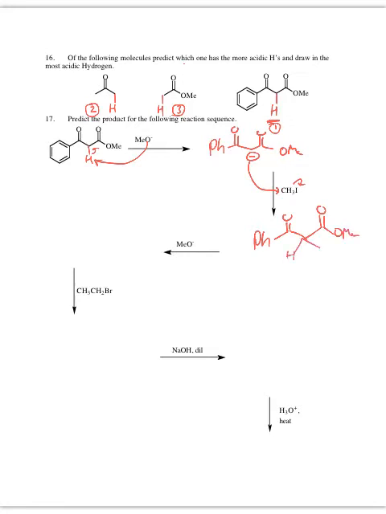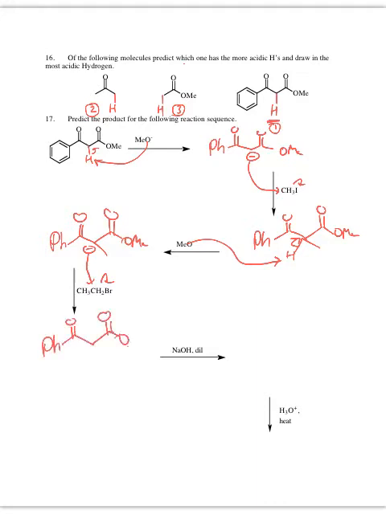We still have one acidic hydrogen, so we can remove it to give us the next enolate, and then that can do an SN2 on ethyl bromide, and that gives us the methyl and the ethyl between the two carbonyls.